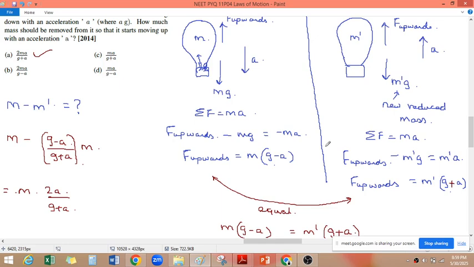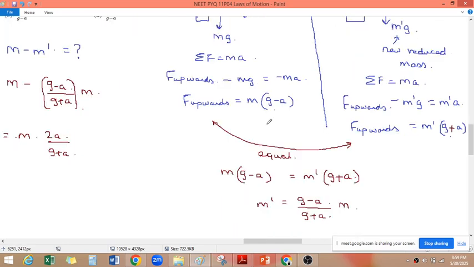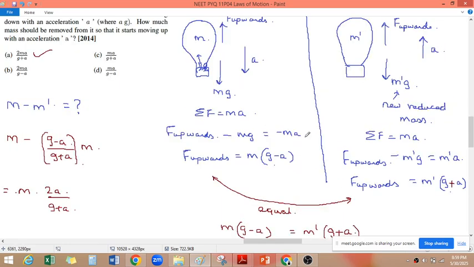Even if you miss any small step, everything will go wrong and you will get stuck and you will not be able to do it. So that's why I'm just going very, very slowly, step by step. If you know the concepts, the speed will come automatically. If you don't know the concept, some people will say you have to finish it in 1 minute, 1.5 minutes, 2 minutes. All these things are secondary for me. In my opinion, if you know the concepts, you can do it. If you don't know the concept, you cannot do it.